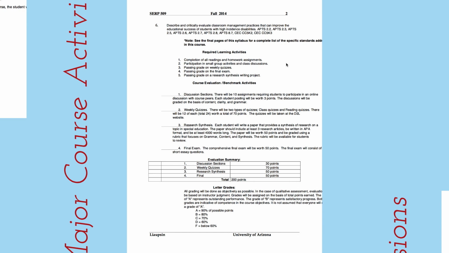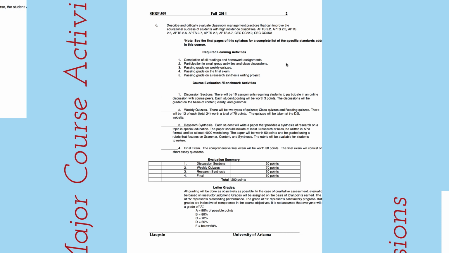The research synthesis paper is one of the big items. Okay, the research synthesis paper is worth 50 points, and it's a paper that allows you to write in depth on a particular subject, and we'll talk more about that in a few minutes. I expect it to be about 4,000 words, about 8 pages, double spaced.